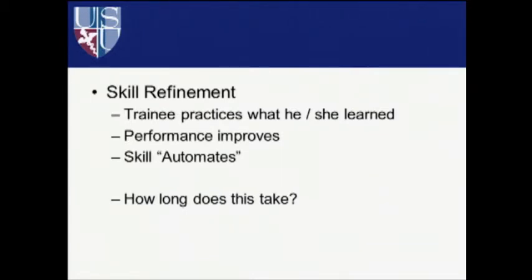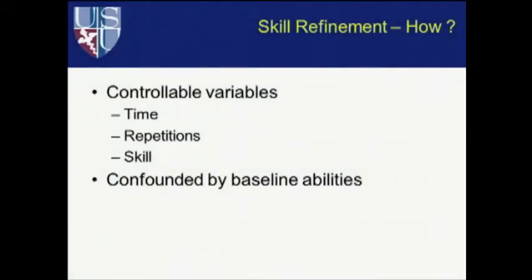As we've seen in multiple studies, the performance will certainly improve, the skill will automate, but the common question you get when you talk about the actual practicality of administering a program like this in your residency is how long does it take? And the answer to that, of course, it's kind of like asking how long's a string, right? And it depends on the string. So for each person, training to this level of performance is probably going to take a different amount of time. We'll talk about how we can control some of those variables here.